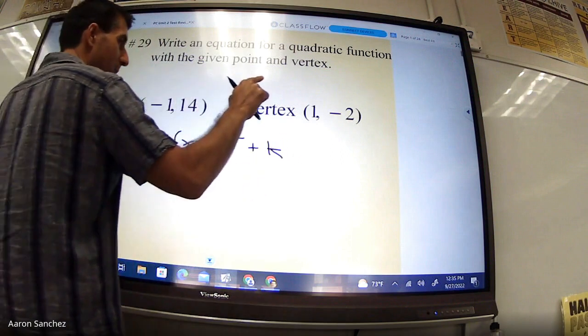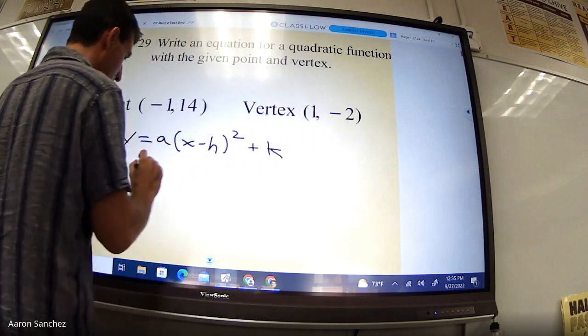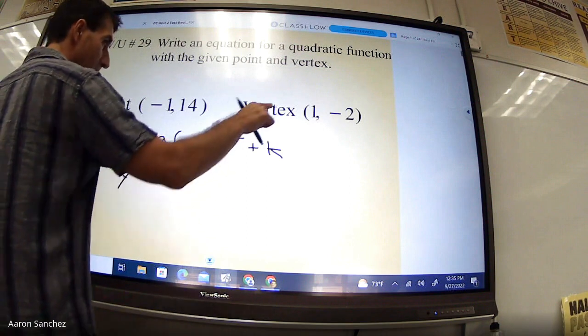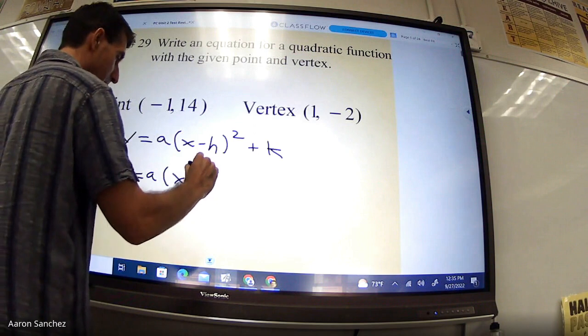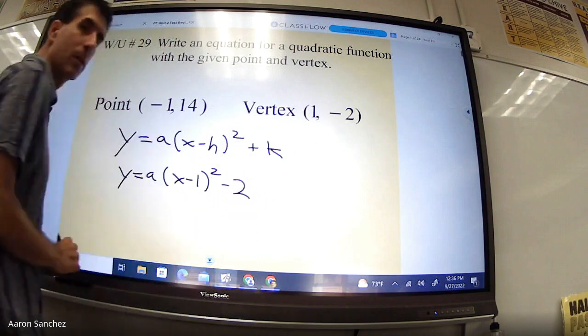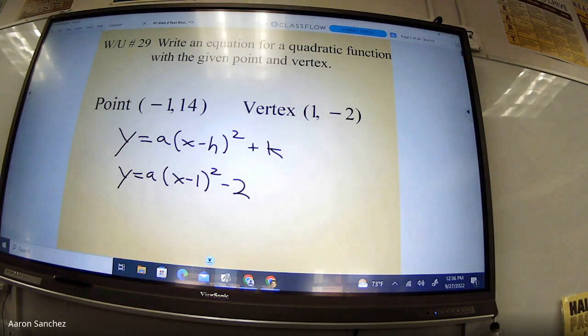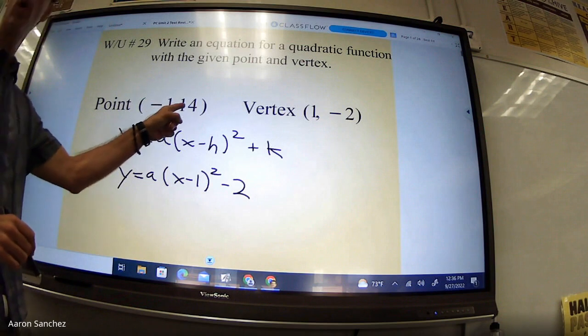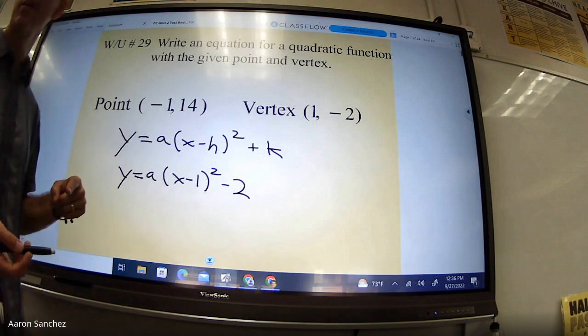I have my h and k, so I write y equals a times x minus 1 squared, and then this stays the same, minus 2. Just plug in the h and k. Then, to figure out the next part, we plug in our x and y and solve for a.